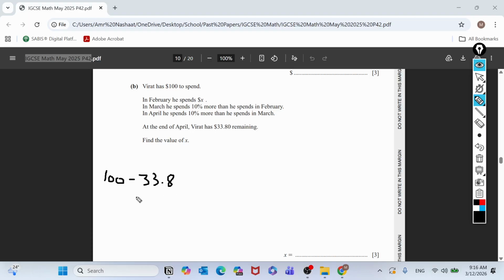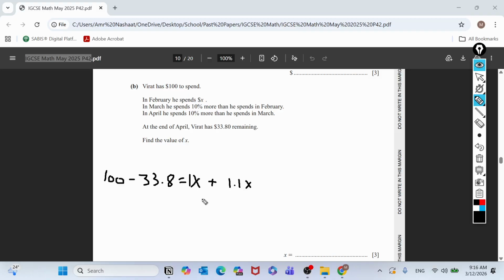So 100 minus 33.8 is how much he spent. And what is how much he spent? It's equal to what? In February, he spent X. And in March, he spent 10% more than he spent in February. So 1.1, because that's an increase of 10%. This is 1x, multiplied by 1.1, so times 1.1x.